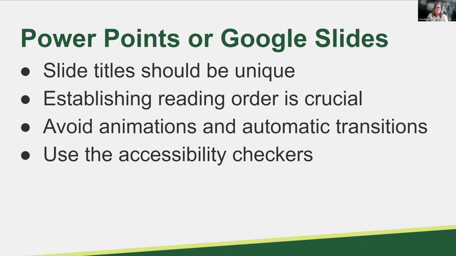You actually have to designate how you want it to be read to the student. The step always needs to be manually determined, as the software is not smart enough to figure out whether you want the picture, the image first, or whether you want the words or the title. It doesn't know which way you want it. You actually have to determine that information in the PowerPoint. I'm going to show you what that looks like.